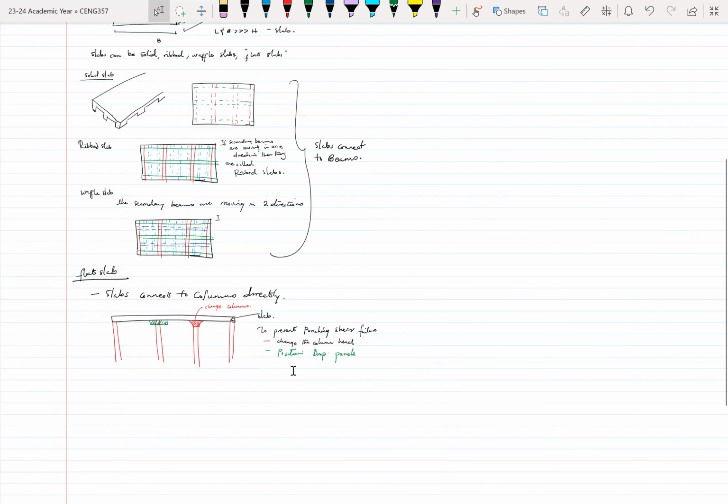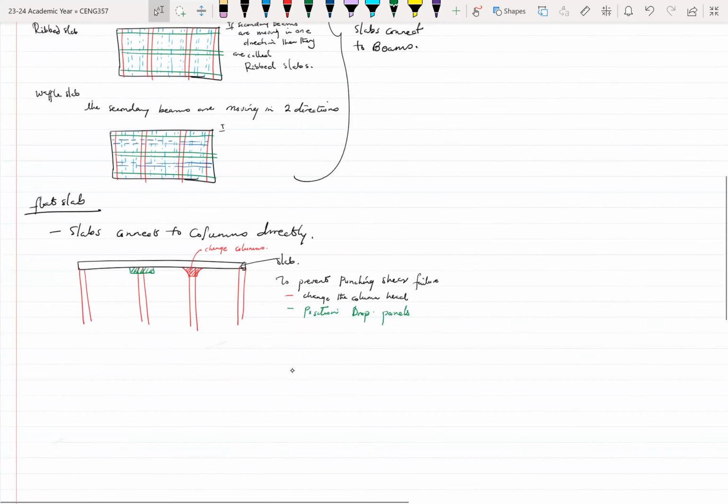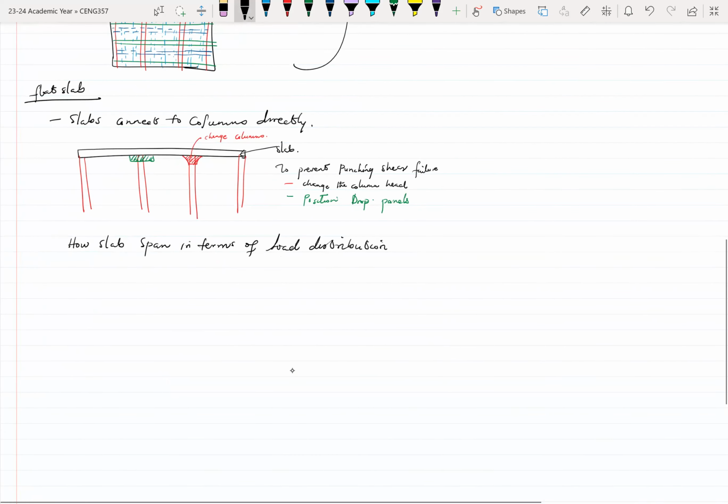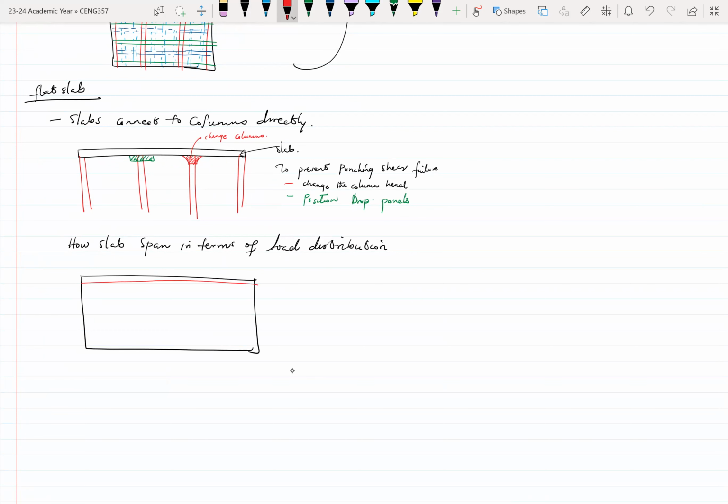Another thing that is critical to slabs has to do with load distribution. Normally, if you take a typical slab, let's say there are beams at the ends of the slab.